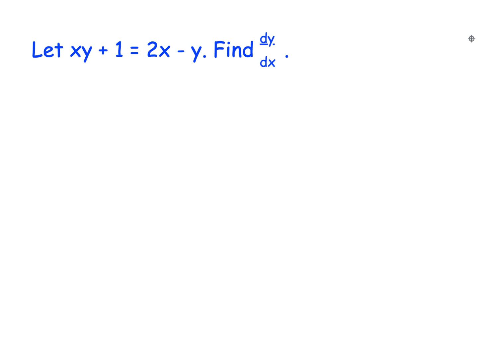Here's our first one. Notice this is an implicit equation. We have x's and y's on both sides. Now this one we could solve for y and then differentiate from there, but it's going to be easier just to do implicit differentiation. So our first thing we're going to do is differentiate each side or each term. So this is a product rule. So we want to do first, so x times the differential of the second, well that's just 1 dy.